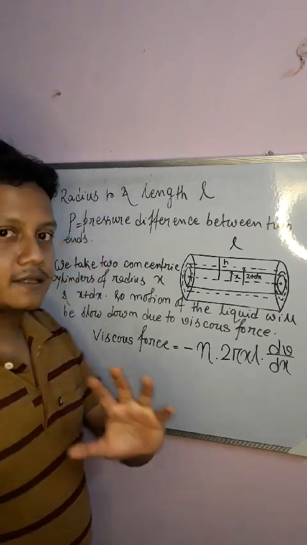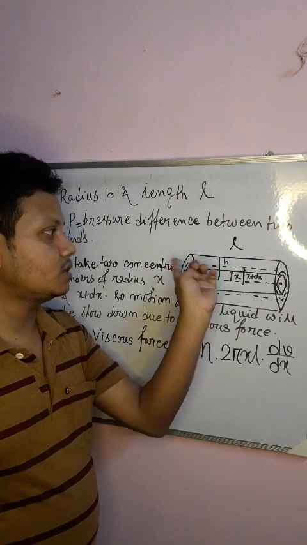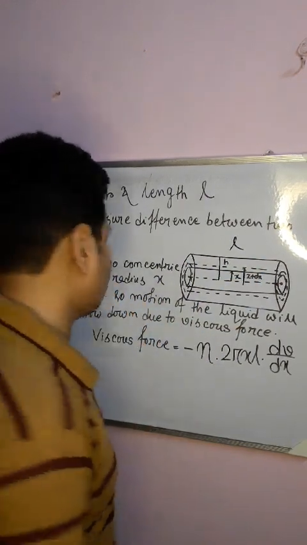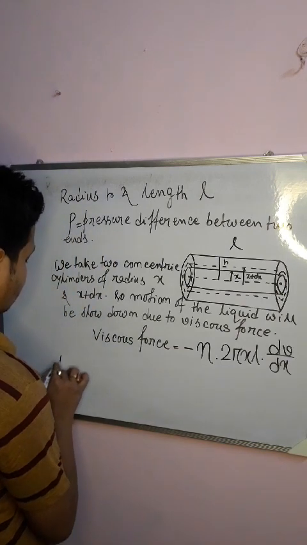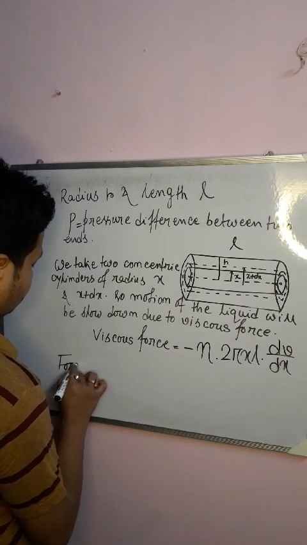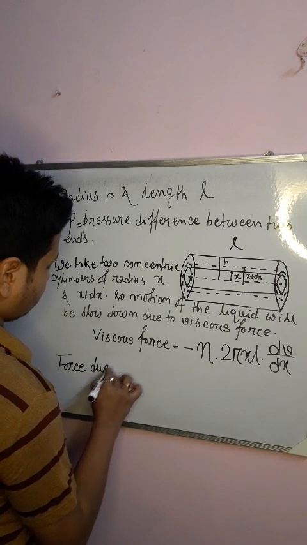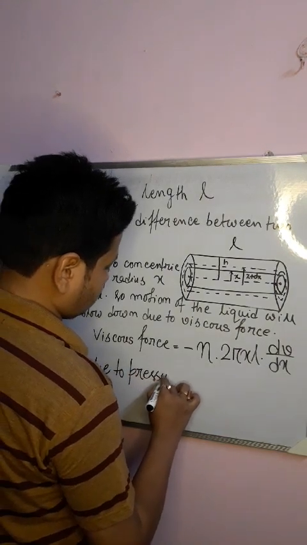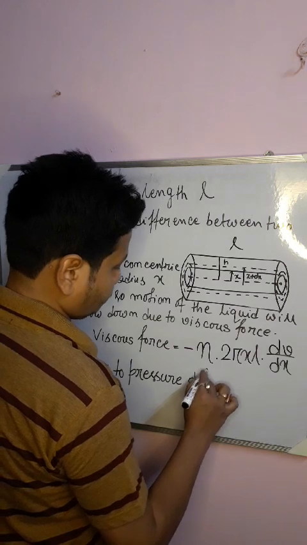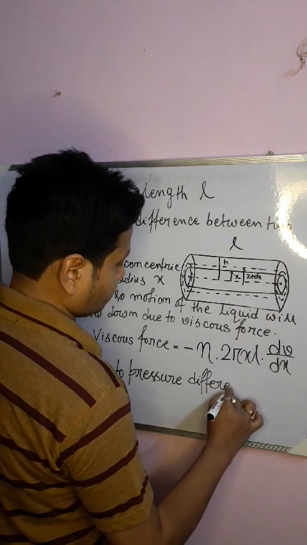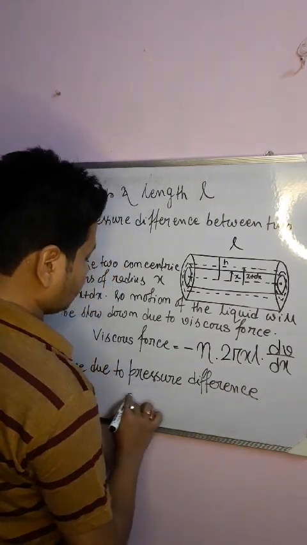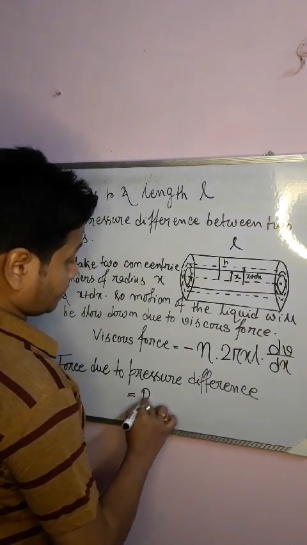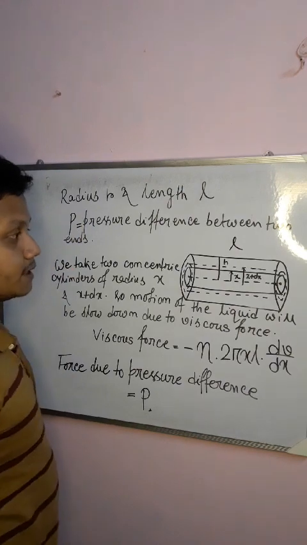Now since there is a pressure difference between the two ends, a force always acts due to this pressure difference. The force due to pressure difference is pressure multiplied by area.